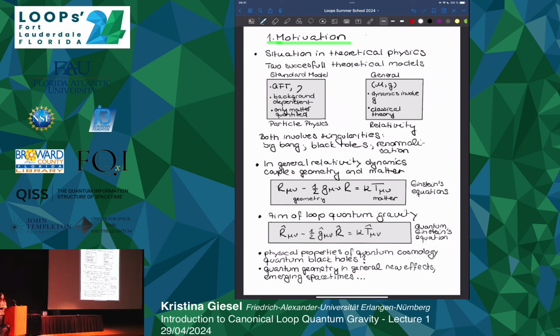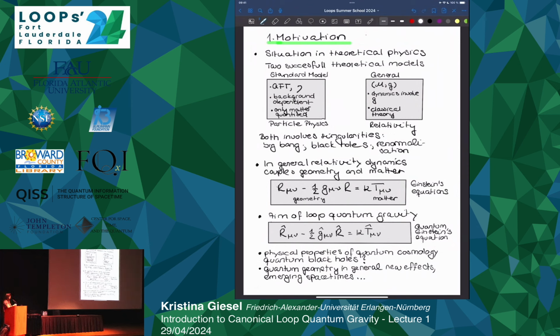Secondly, if we look for solutions of Einstein's equations like black holes or cosmology, we know that in the classical theory we have singularities, like the Big Bang singularity or the singularity in the interior of a black hole. If this happens, it always indicates that your model is not complete and you have to go beyond the already existing models. And that's what quantum gravity would like to do.